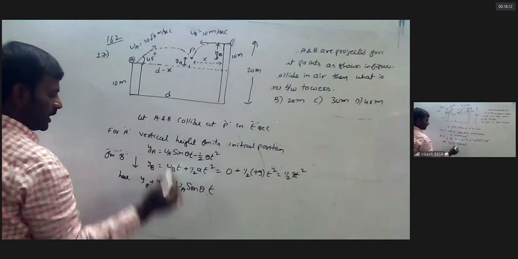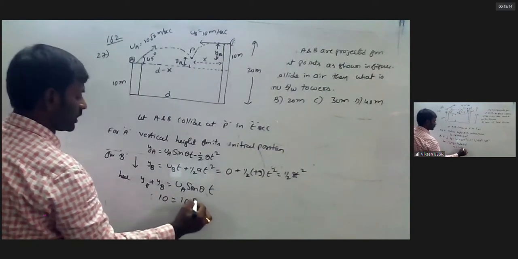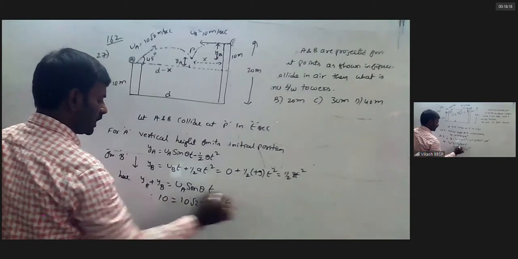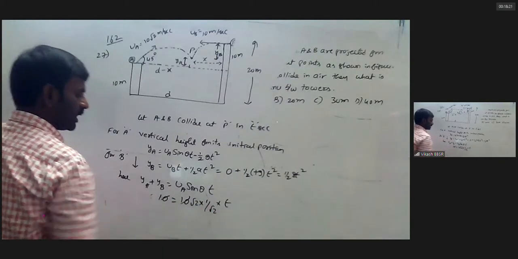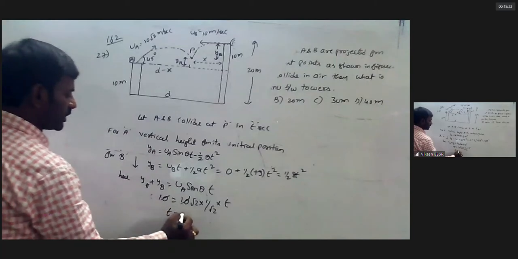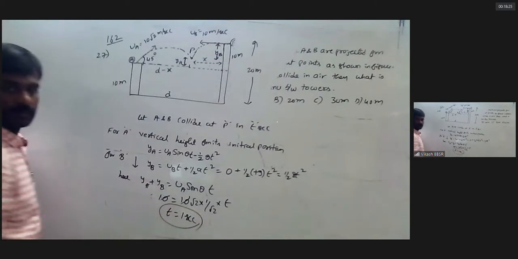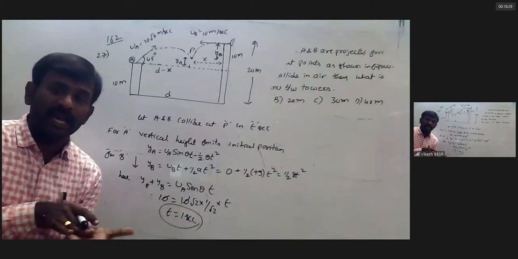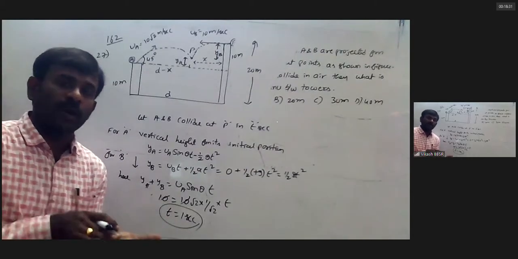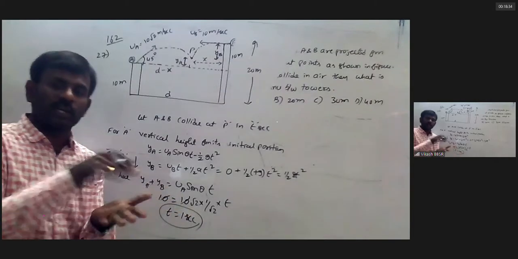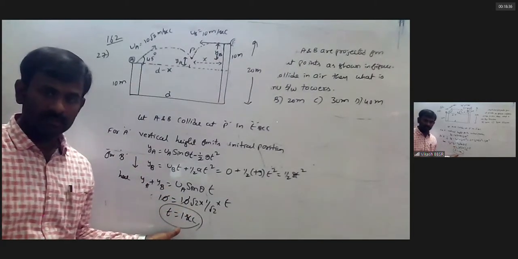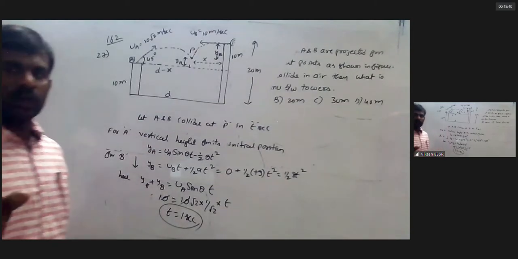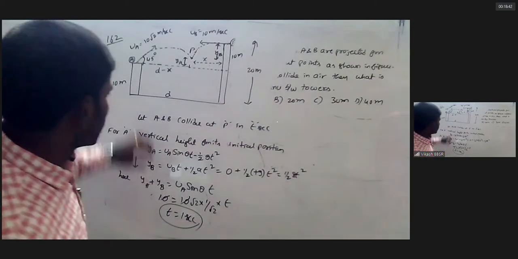Now tell me, uA equals 10 root 2 into sin 45, which is 1 by root 2, into t. 10 cancels, so t equals 1. So the time for the collision is 1 second.